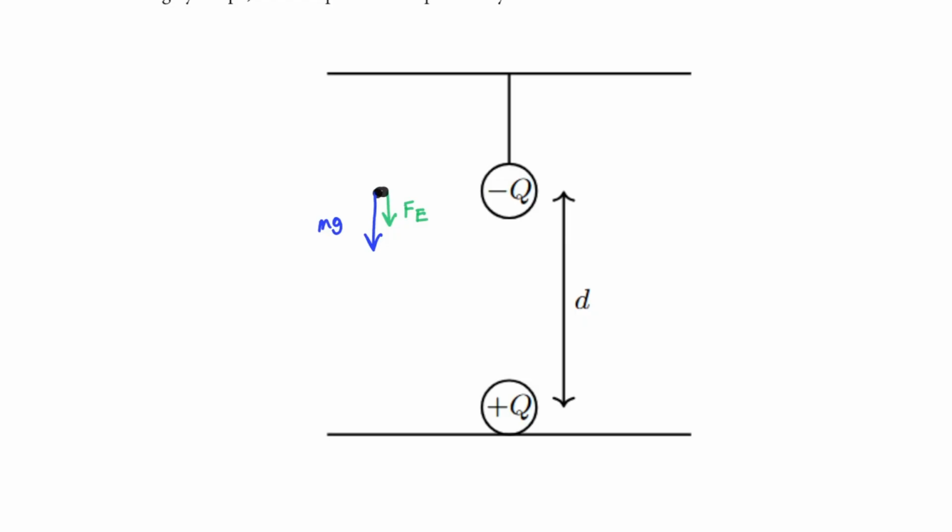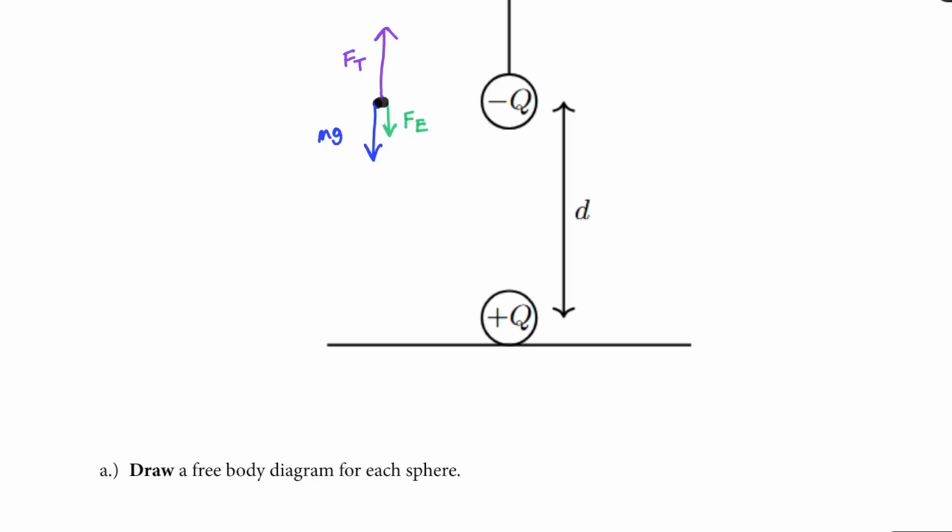And then since the sphere is balanced, that must mean that there is a tension force up that is balancing the two of these. So tension will balance the combination of the weight and electric force.